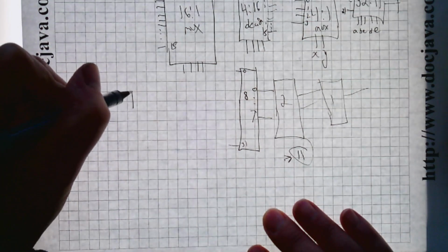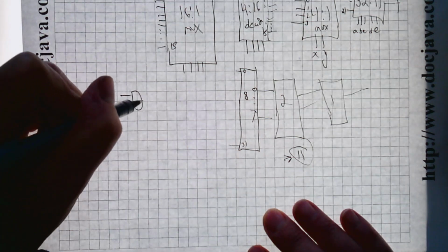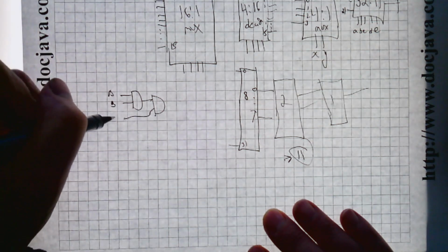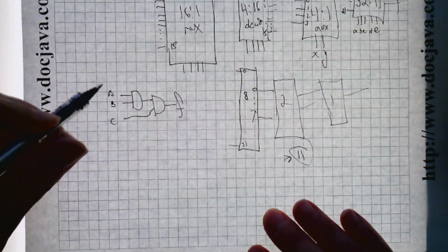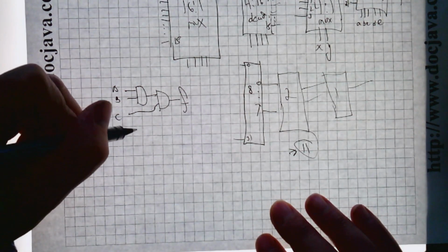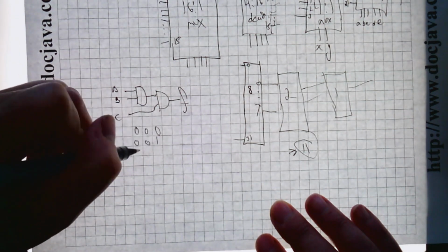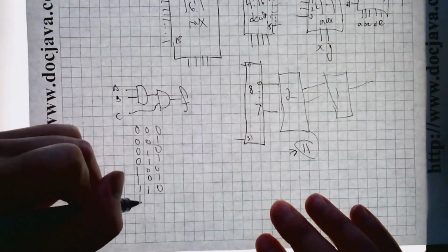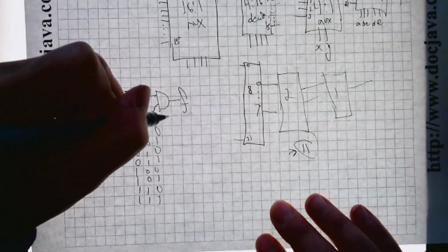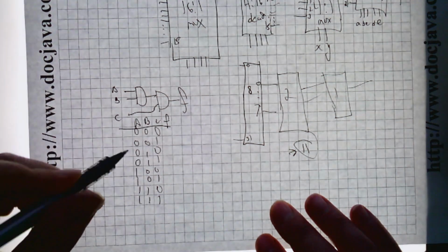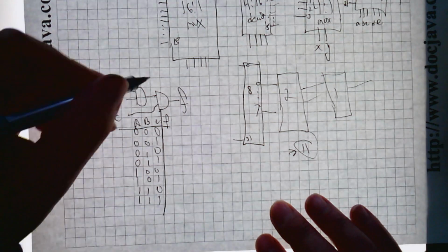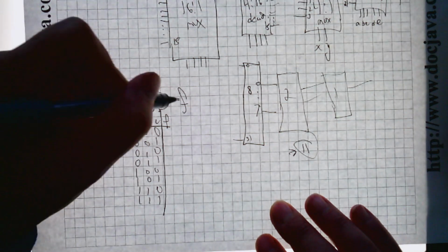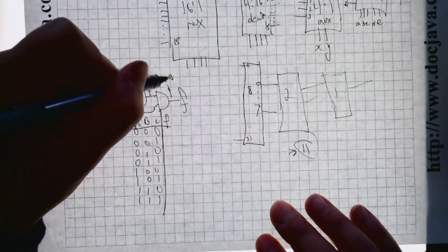The answer is get an AND gate, then get another AND gate. Now, do the truth table. Right over in here, you're going to have A and B. Right over in here, you're going to have A and B and C.